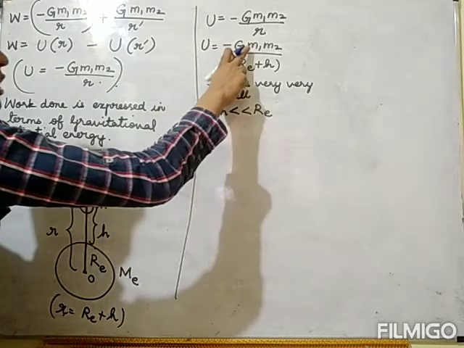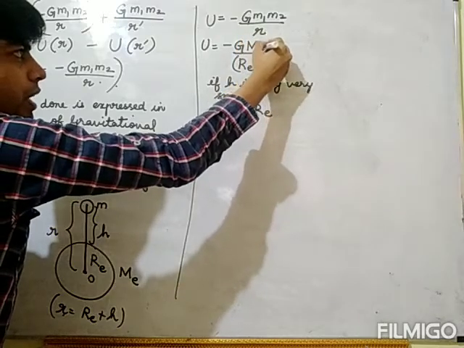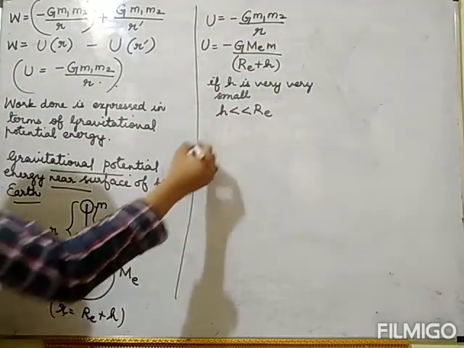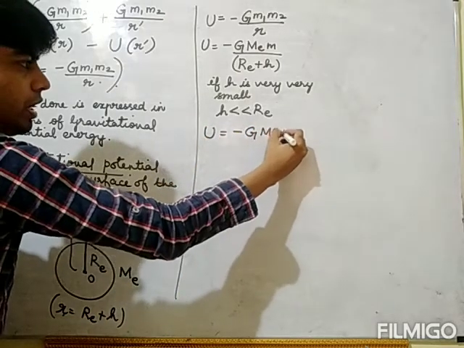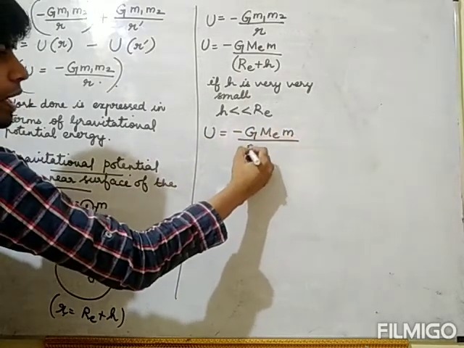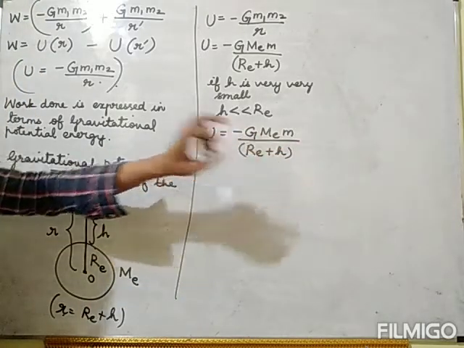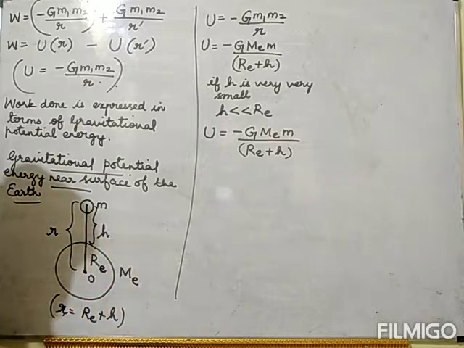See, for earth I should not write m1 m2, so mass of the earth will be Me and mass is m, so I have to change it like this. So U is equal to minus G Me into m divided by Re plus H. Now I am taking H is very small.